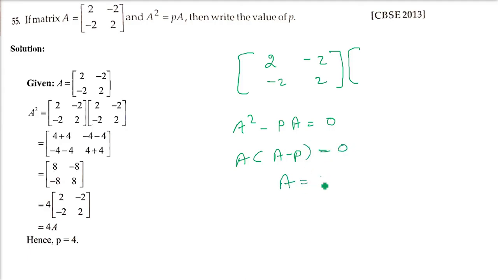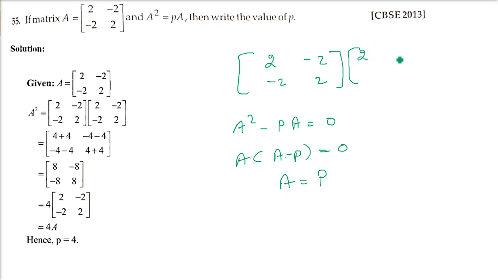Because that will be A equals P. And A is actually 2, minus 2, minus 2, 2, and P will come as 4. So how does it not work? If you take this equation, why it doesn't work has to be answered by you. I need the explanation, okay? If anyone of you can give.